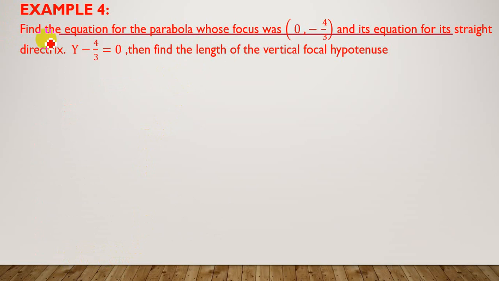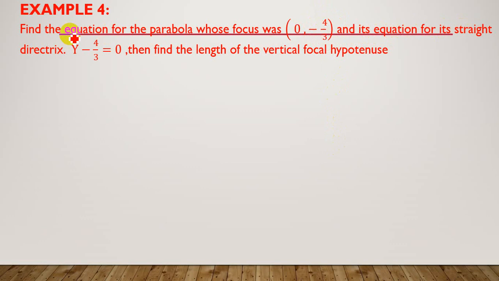Example 4, find the equation of the parabola whose focus is 0 minus 4. See, now we indicate that the focus is down on y, so this is the fourth case we studied.